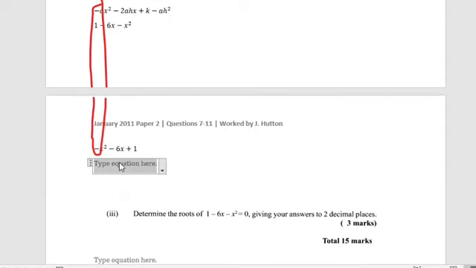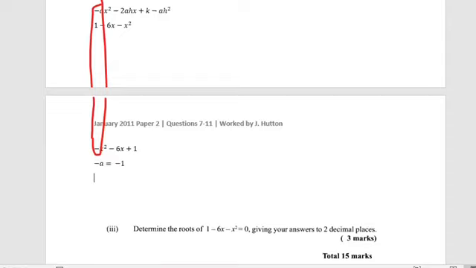So therefore, what we can see is that negative a here is equal to negative 1. Remember, a there is negative, so negative a is equal to negative 1. We cannot allow our variables to remain as a negative number, so what we'll do is divide throughout by negative 1. Sorry, so a is equal to a positive 1.